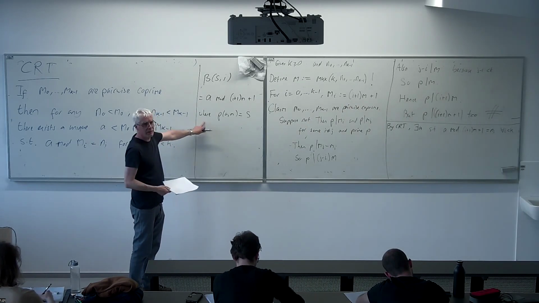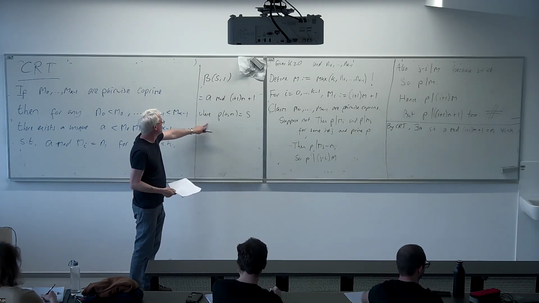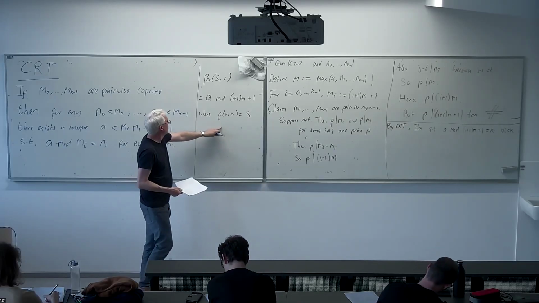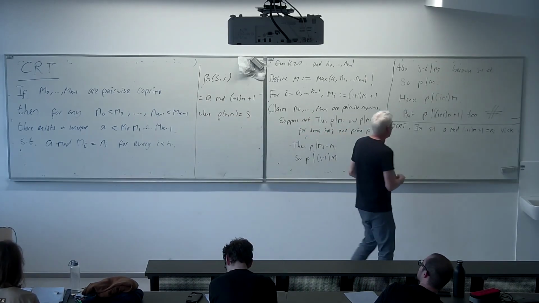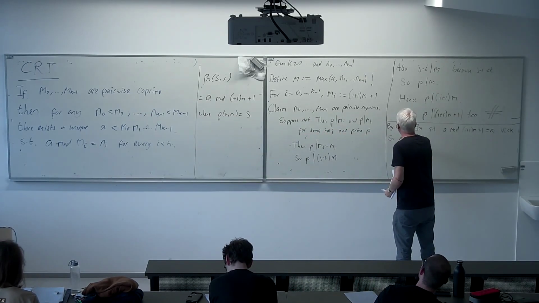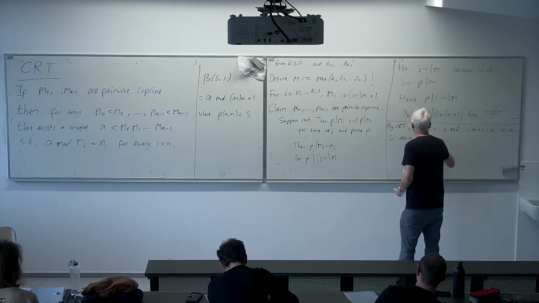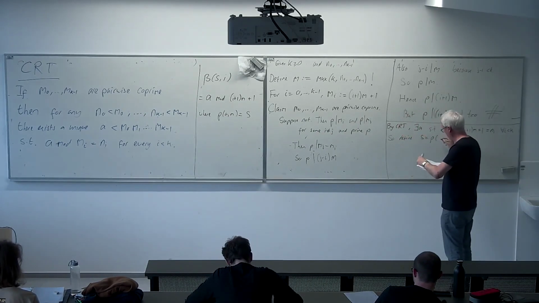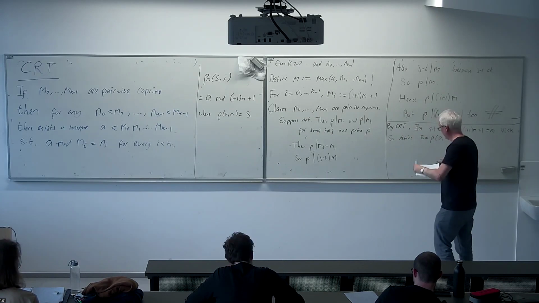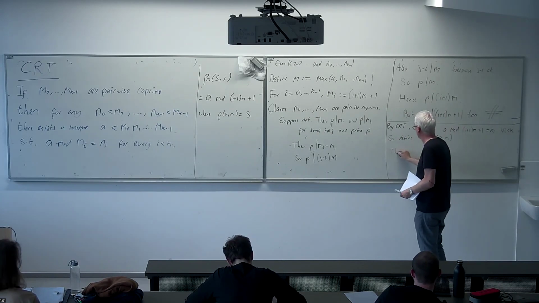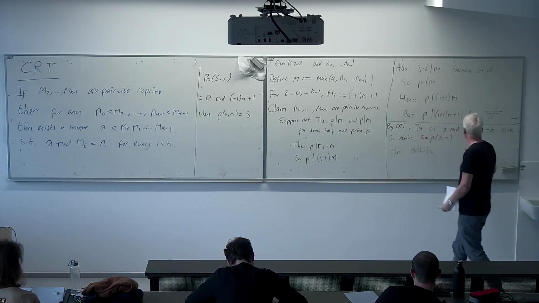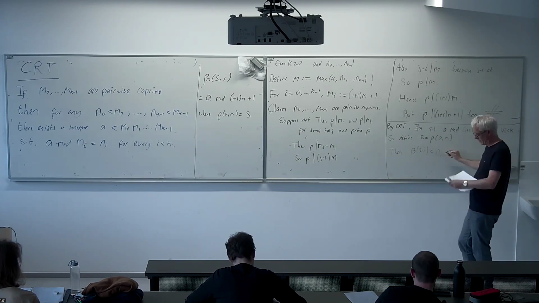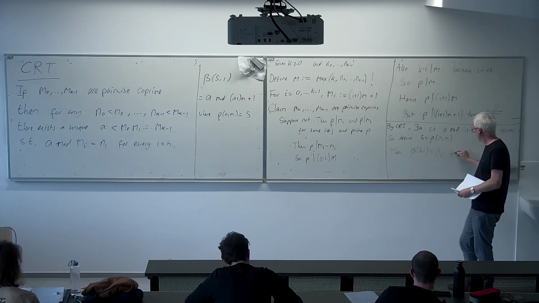And that's exactly what we need, because if we define S to be the pairing of A and M, then we get that beta of S of i is exactly this, which is ni for all i less than k.